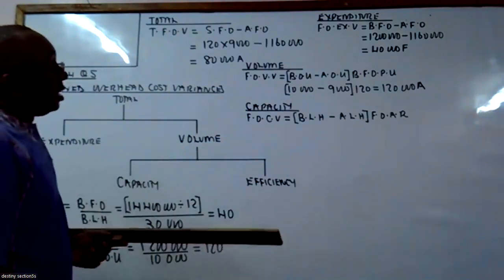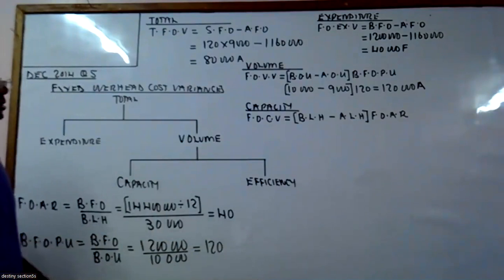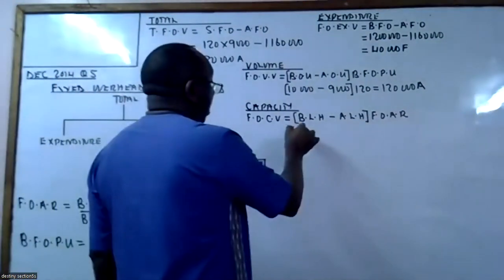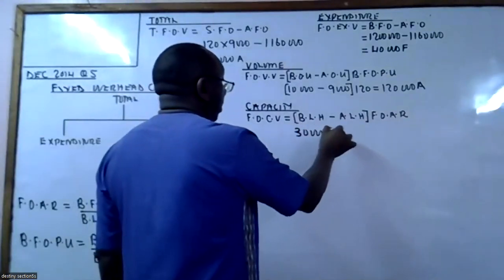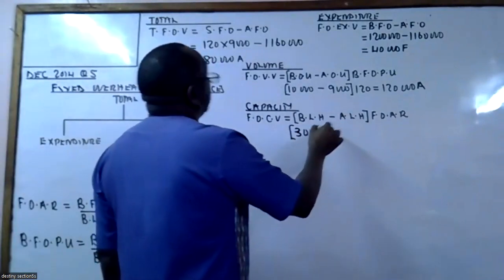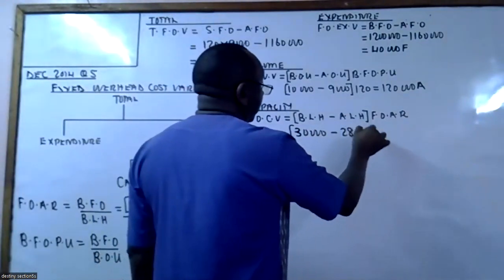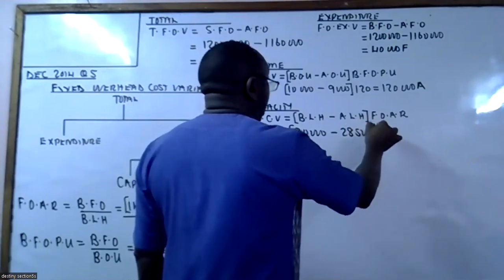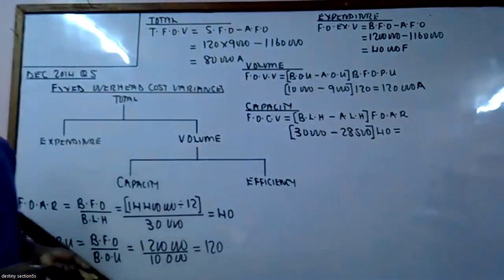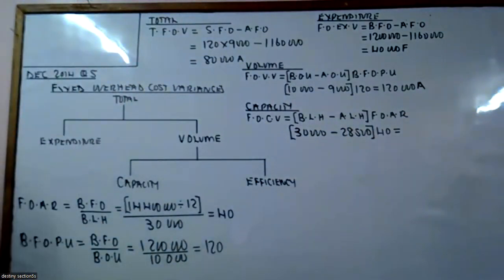So the budget labor hours were, as you can see up there, 30,000. And the actual turned out to be 28,500. And the OAR is 40.